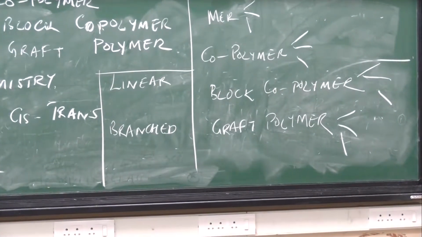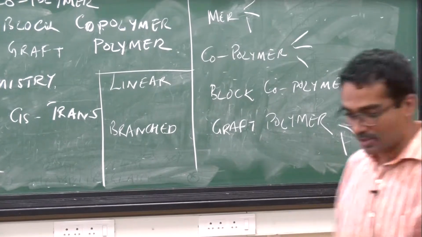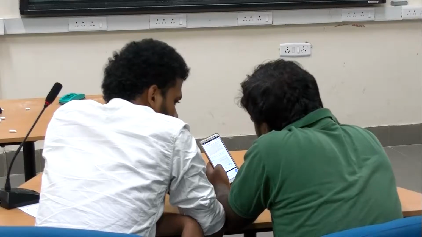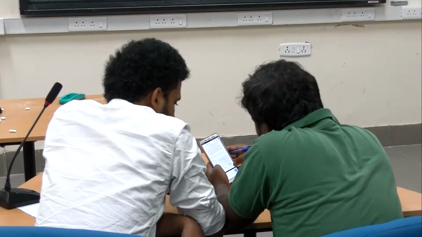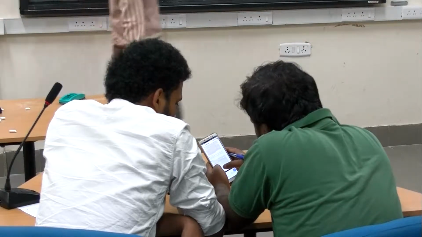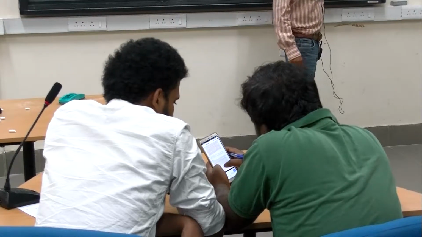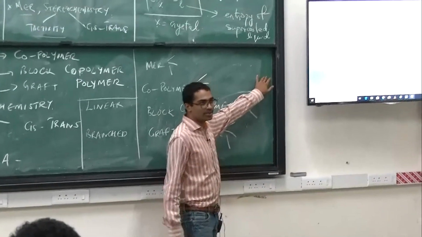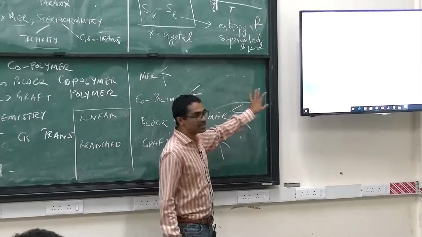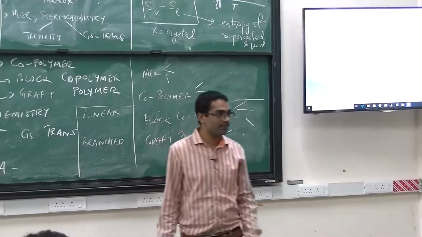You can draw the diagrammatic representation, schematic representation and show it to me. Can I have one of you come and start drawing? You can show one graphical representation and explain to the class. So Bodhi, do you want to try? Just one representation for each of these.